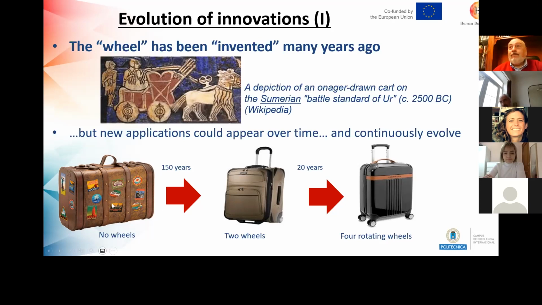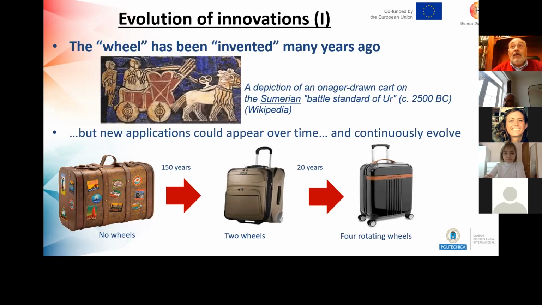This is the luggage. It is probably from the 19th century or something like that. But nobody was interested in combining the idea of the wheel with the luggage until maybe the second part of the last century.